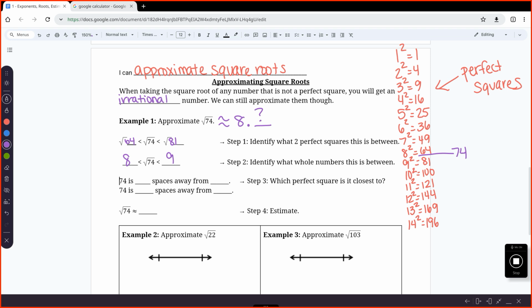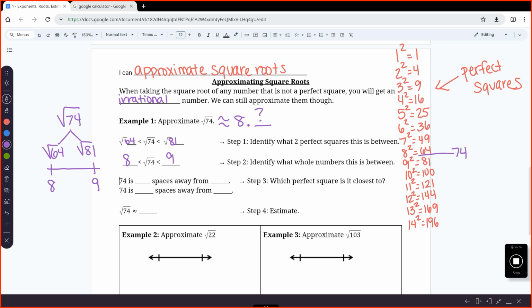In other words, what we just did was, the square root of 74 is an irrational number. The two perfect squares it's in between are 64 and 81. If you take a number line, you have 8 and 9. The square root of 64 is 8, the square root of 81 is 9.